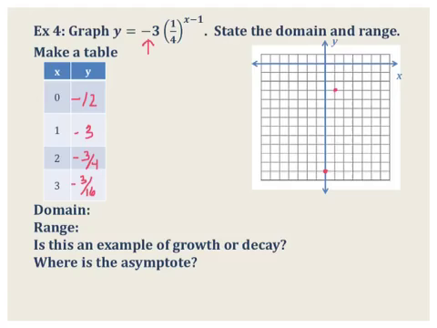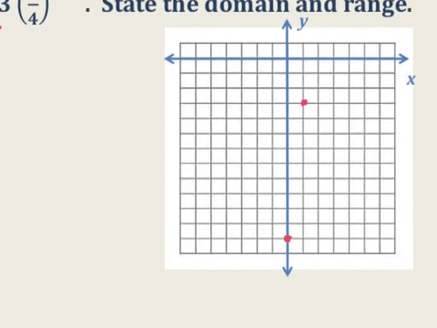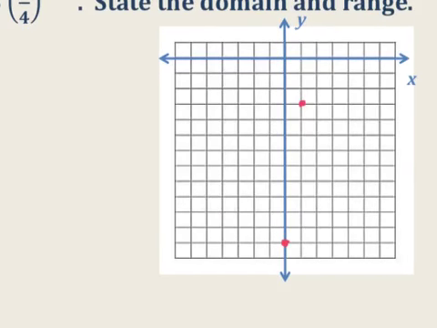That's teeny tiny. Zoom it in. And -3/4. And then -3/16. Now my asymptote is my x-axis. I'm going to start way down here, connect this the best way I can, and not touch the x-axis.